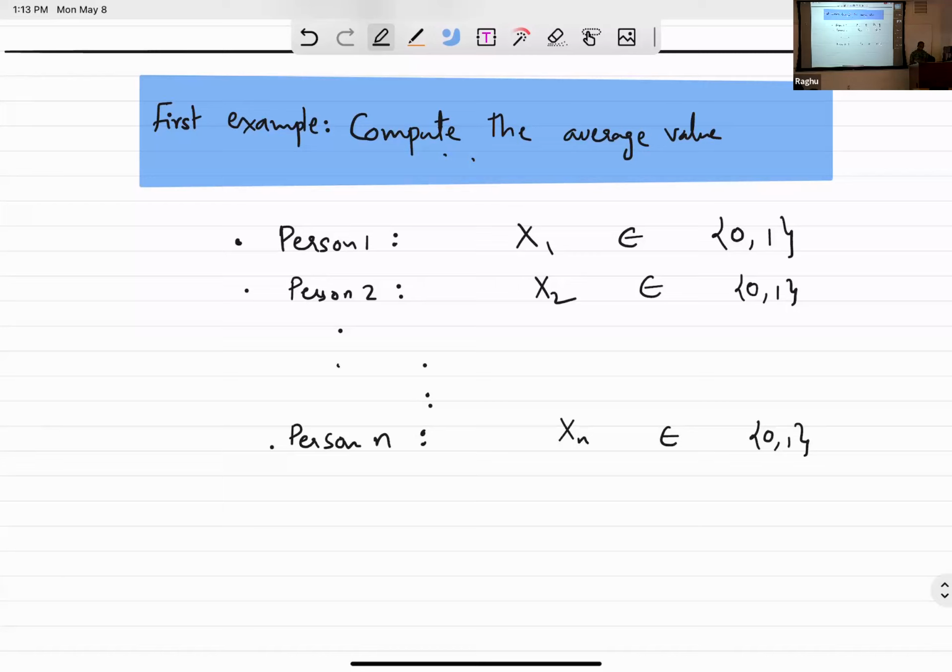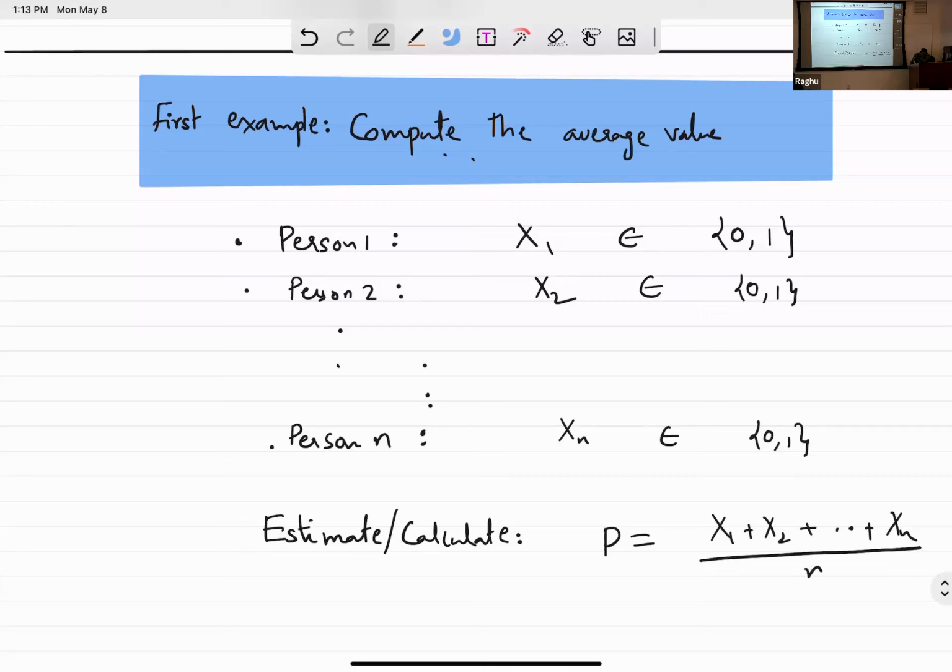So what we want is to estimate or calculate P, which is the average value of these 0, 1 valued numbers.